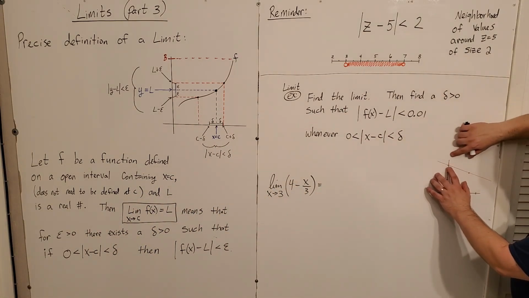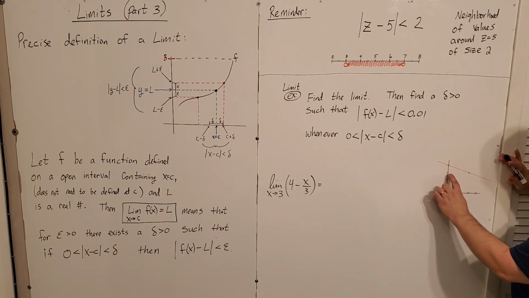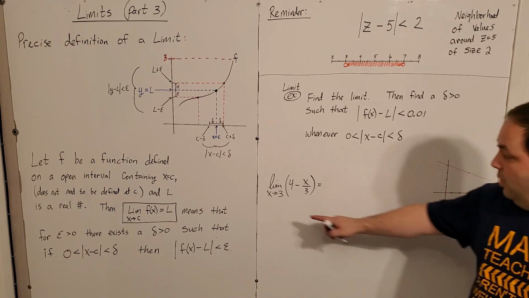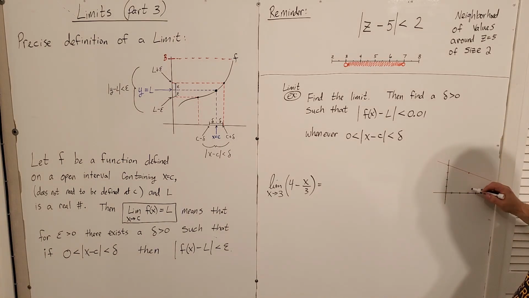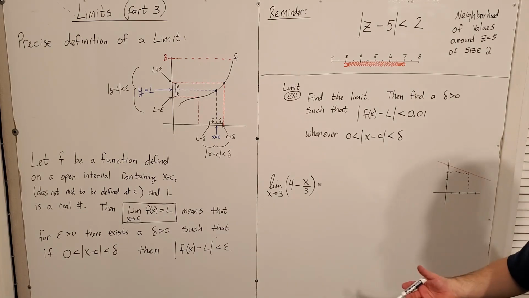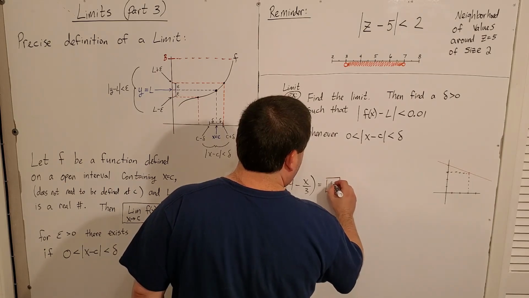Right here you can see it goes through 4, and then it goes down 1 over 3. Okay? So as x approaches 3, which is right here, the y value also approaches 3. Coincidence. So we're saying that this is 3.